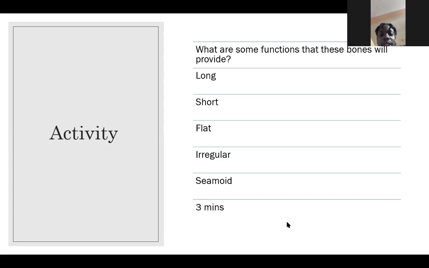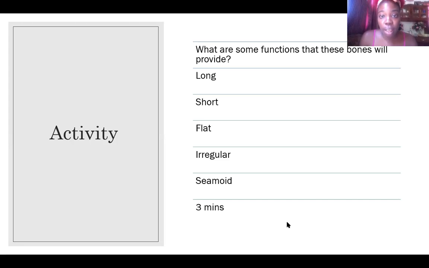Irregular bones also for protection, and the sesamoid also for flexibility and movement.